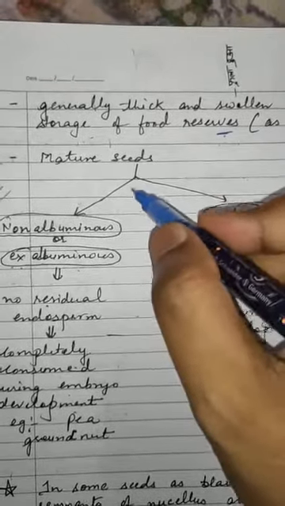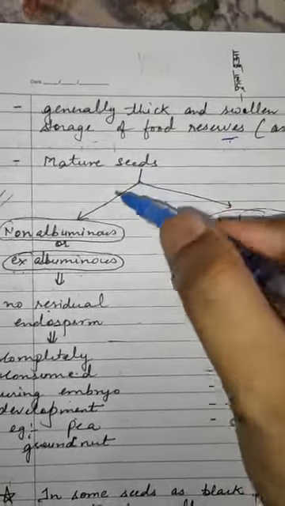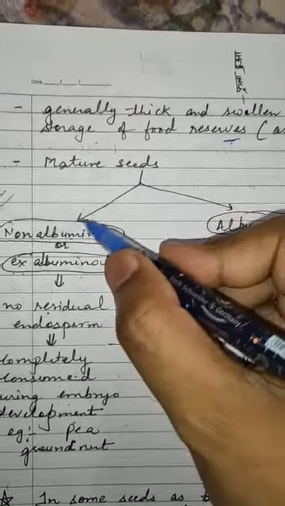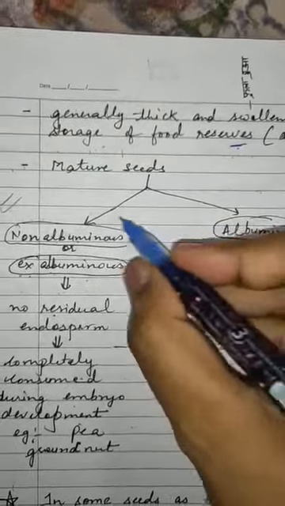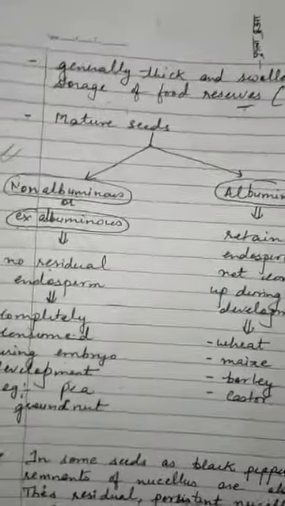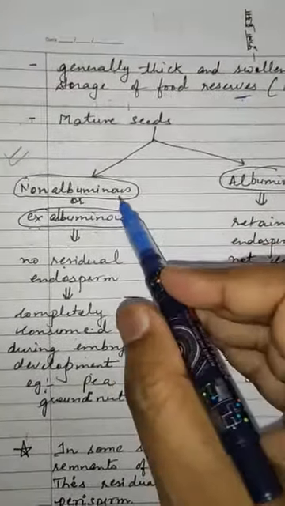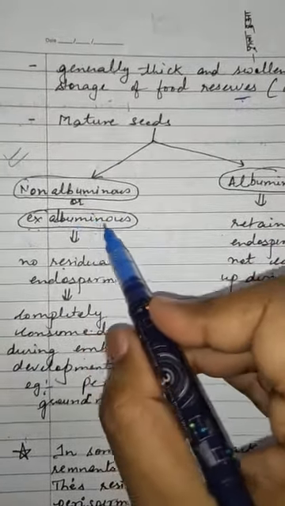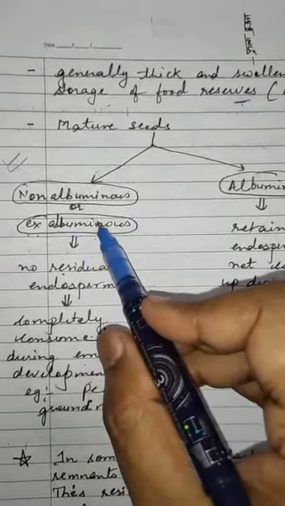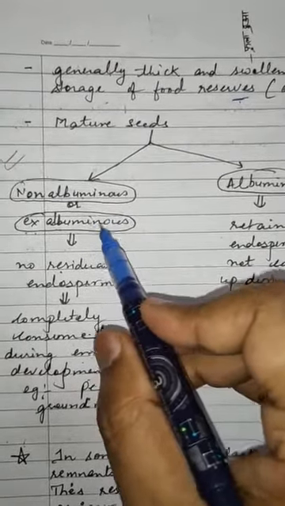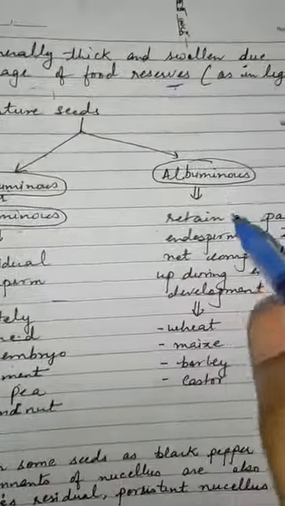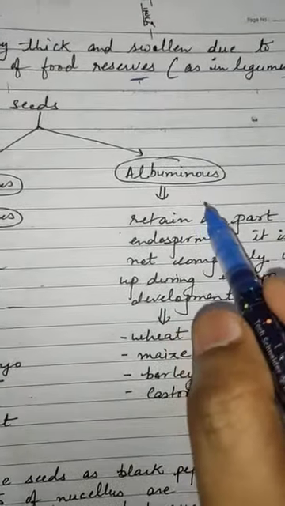So now when we are talking about seeds, they may be categorized into two categories, right? One is non-albuminous or ex-albuminous, and second is albuminous, right?